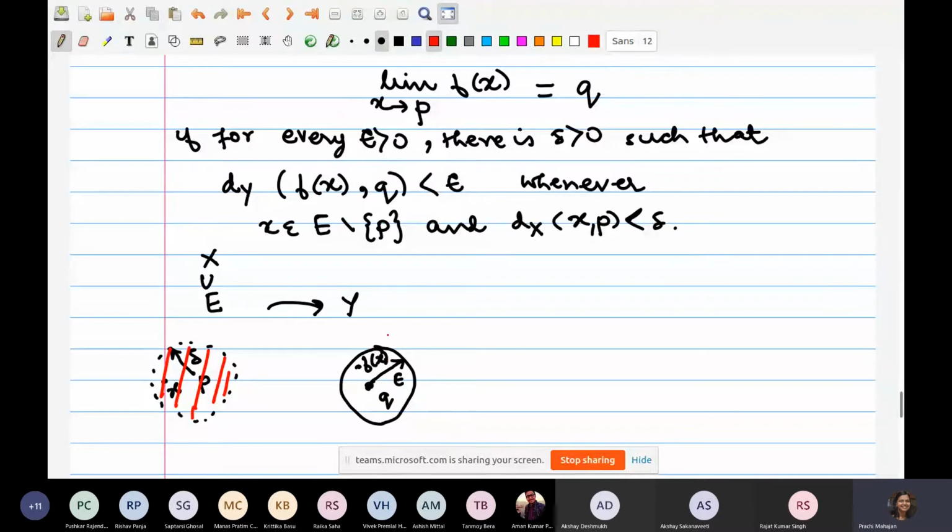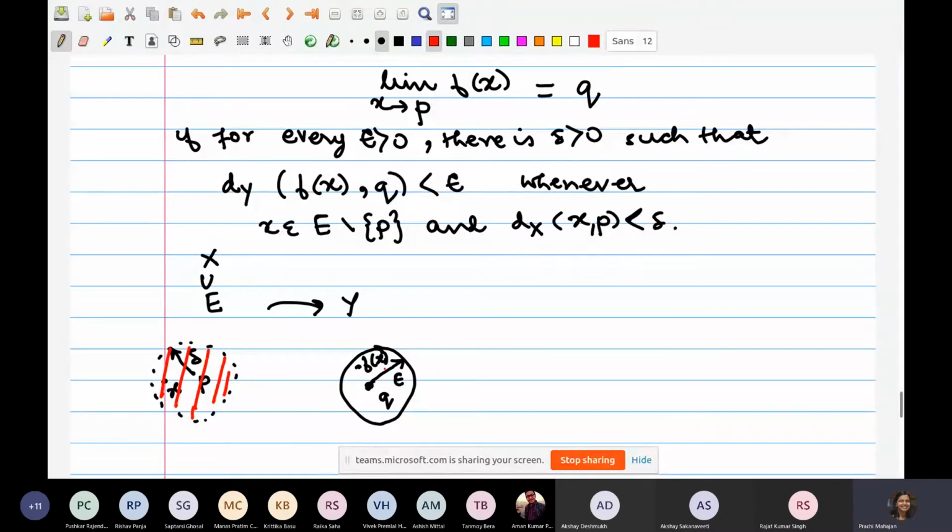That means f of x is in this epsilon neighborhood of the point Q. So this is using epsilon as a measure of closeness, just as before. We have done this many times. So if this happens, then we say that the limit of the function f exists at the point P and equals Q.